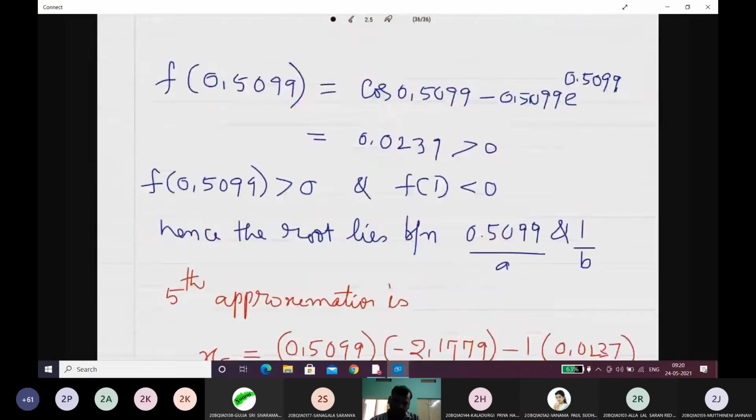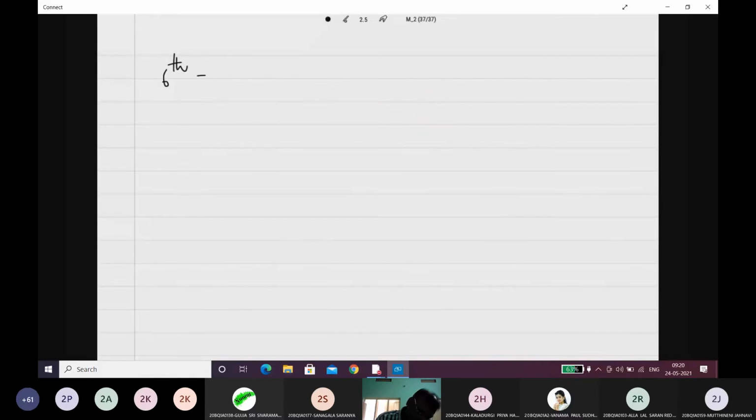Sixth approximation is x6 is equal to A into f of B. What is the value of A? 0.515, correct?